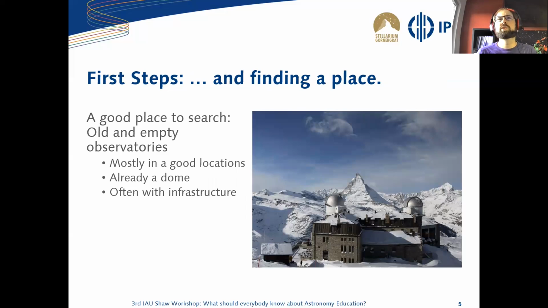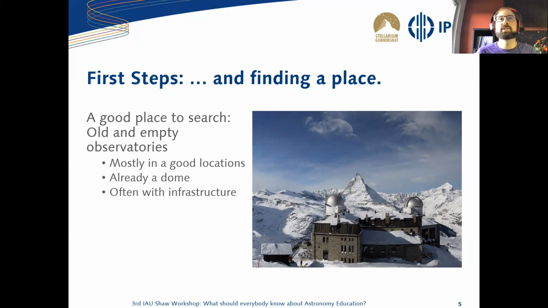So to look for a good place, usually you should look where there are already observatories, either old ones that are empty, that's what we have. So the modern state of the art astrophysics is in most cases somewhere in the desert.